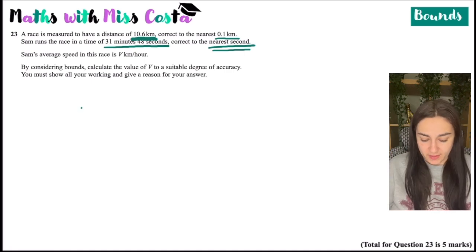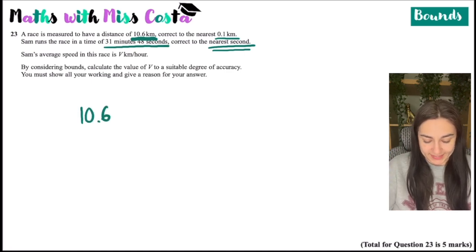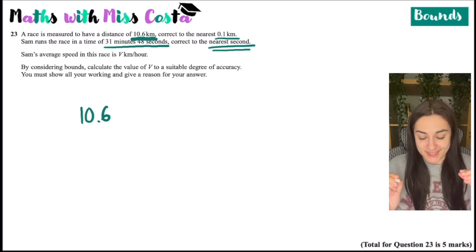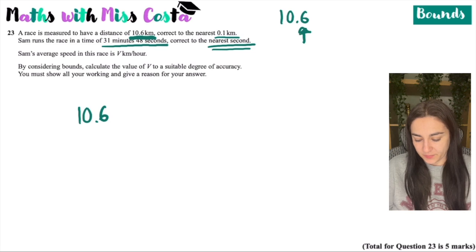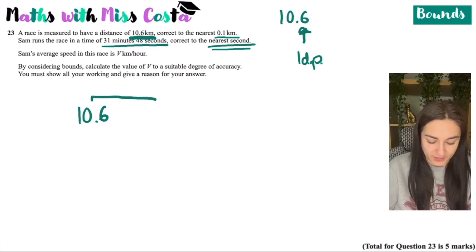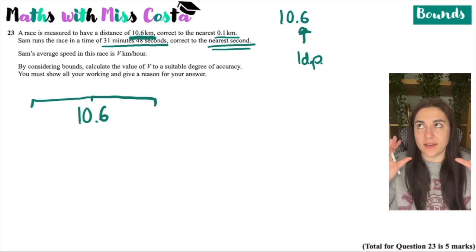So I know that the race is 10.6 kilometers when it's been rounded to the nearest 0.1 kilometers. So what does that mean? Well, 0.1 kilometers means it's one decimal place that I've rounded to. So let's think about what the decimal places surrounding 10.6 would be.